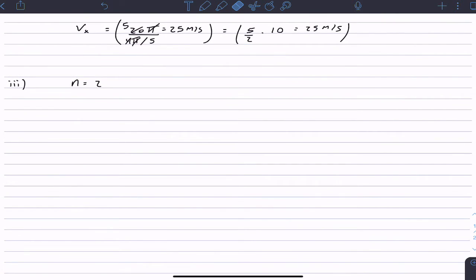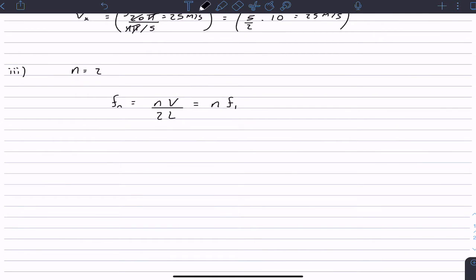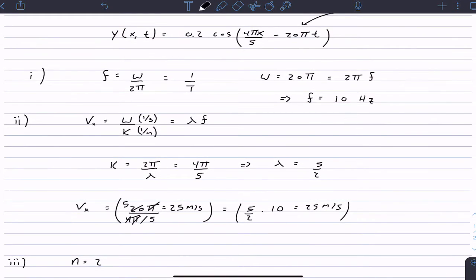So we have a relationship where our harmonic frequencies are equal to n times the speed of the wave over 2 times L. This is also equal to n times f1. So we know what the frequency is. We found it, right? It's 10 hertz. At the frequency of 10 hertz, we're in our second harmonic.